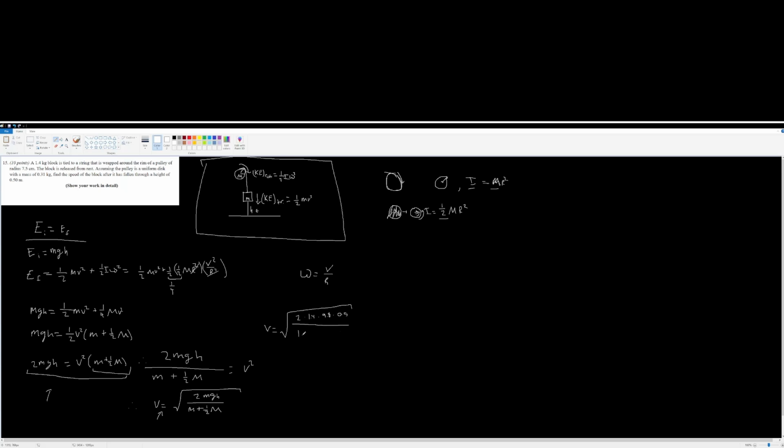And then we have the mass of the block, 1.4 kilograms, plus 1/2 times the mass of this disk, which we have as 0.31 from the problem, kilograms. All in all, when I plug this in, we're going to get this equal to roughly 2.97 meters per second.